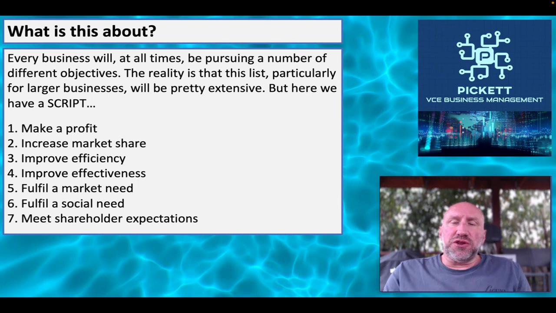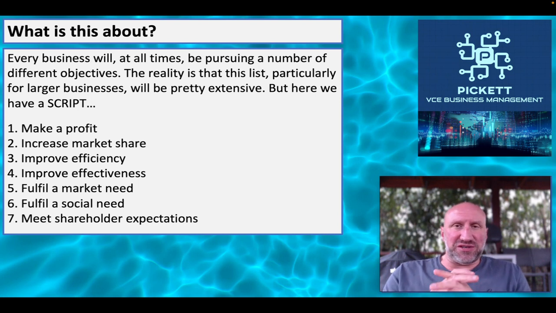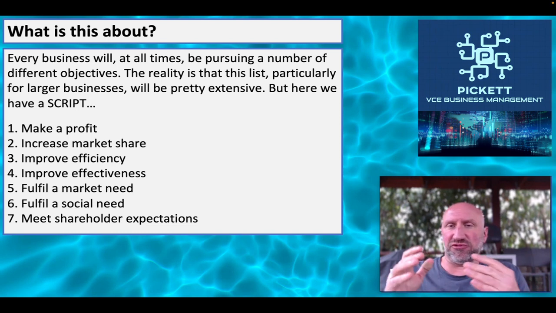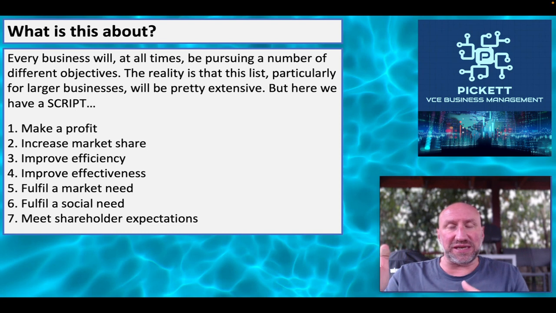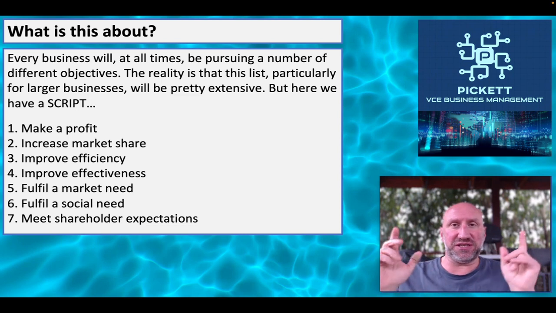The reality is that this list, particularly for larger businesses, is going to be extensive in terms of what they're trying to achieve and the goals and the objectives they're trying to meet. But like I said, we have a script here, so make sure that your answers just fit around these 7. There would be others that exist in the real world, but because the study design lists these 7, make sure your answers are within these 7. Don't go outside of this script, okay?